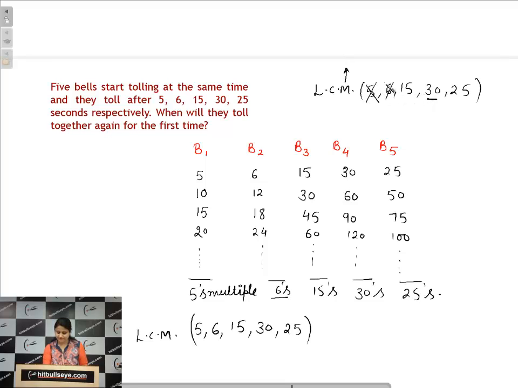That's why we can strike it out. So, we can find least common multiple of only 30 and 25, which will be same in this case. That will be 150 only. So, in case of least common multiple, we can neglect all the factors of any of the numbers, and in case of highest common factor, we can neglect the multiple of any of the numbers.